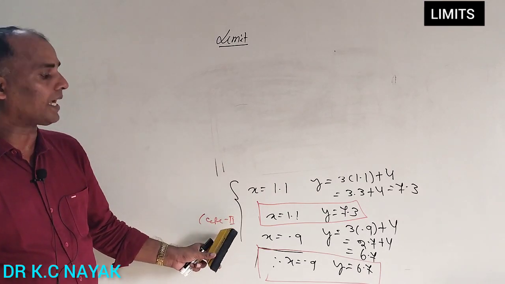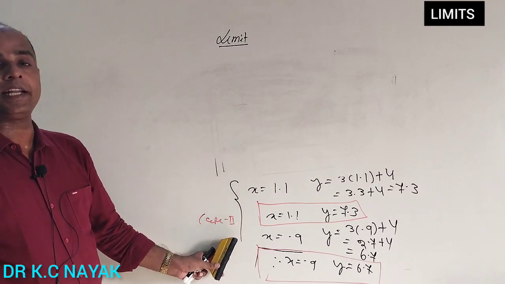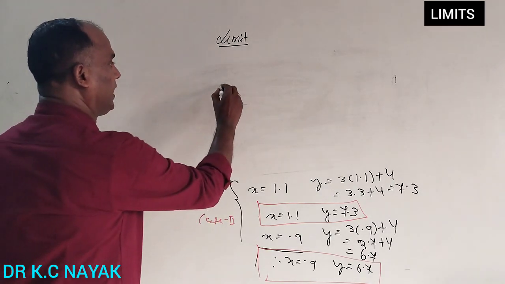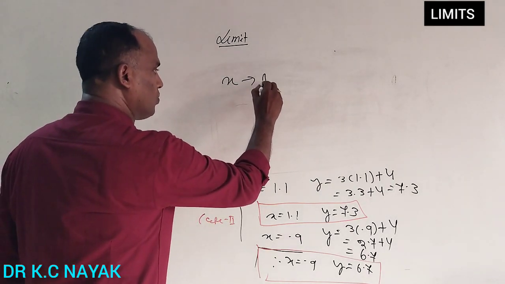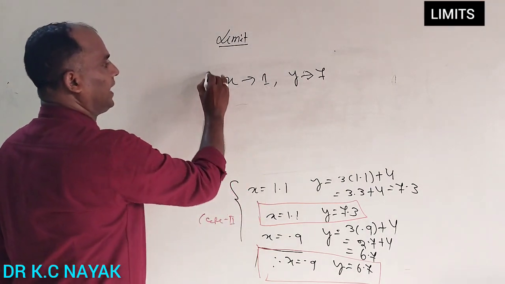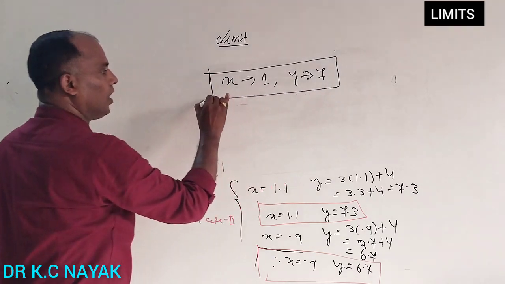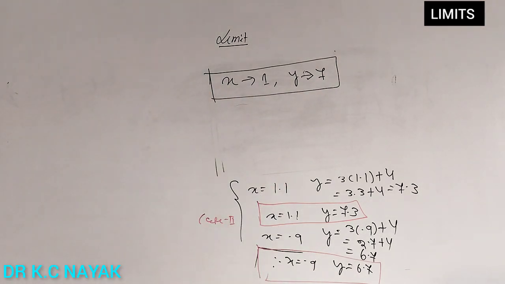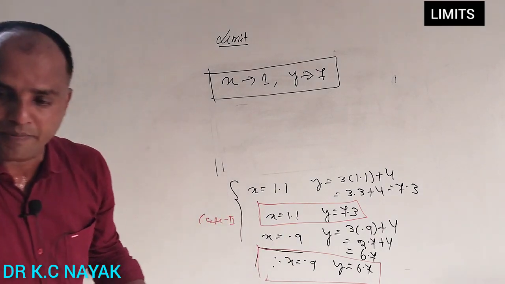As per my second example, when x is close to 1, y is close to 7. When x is closer to 1, then y is also closer to 7.